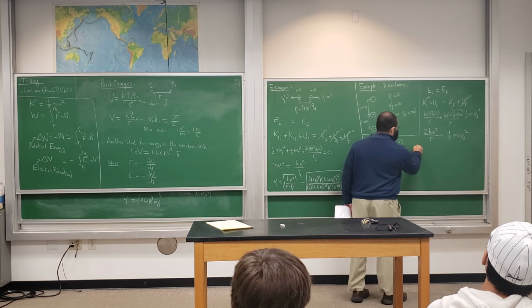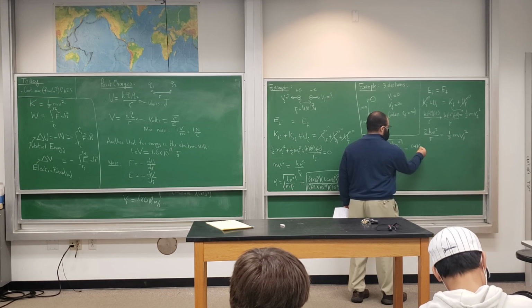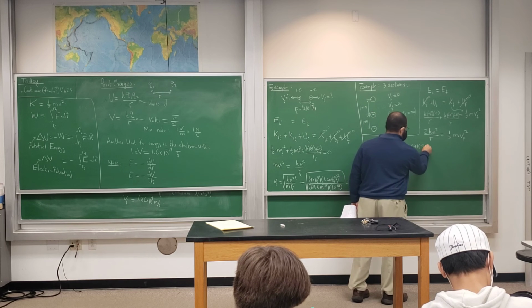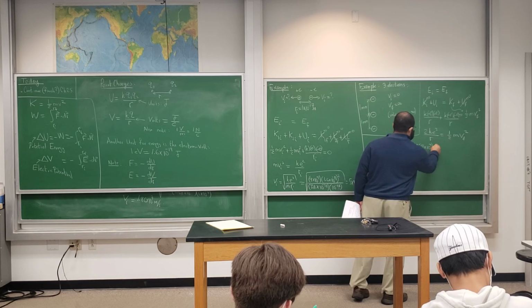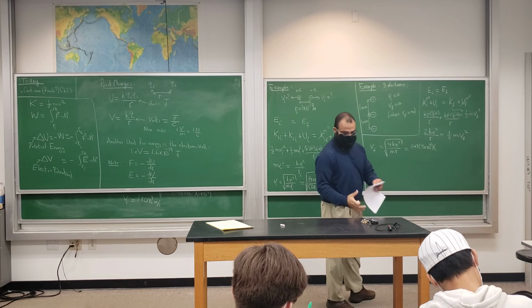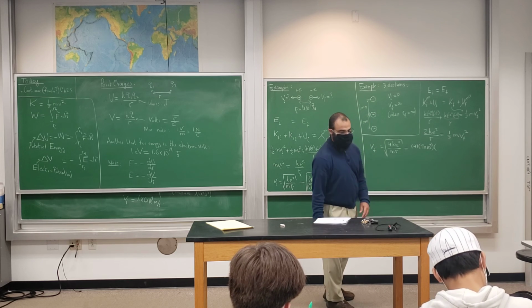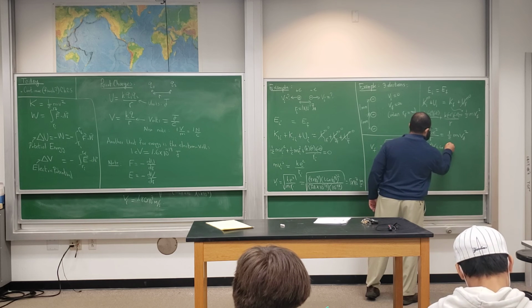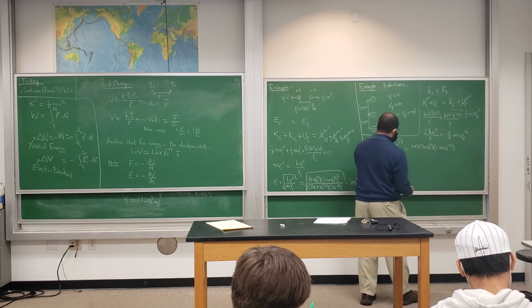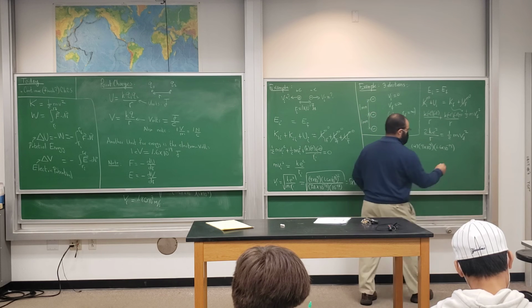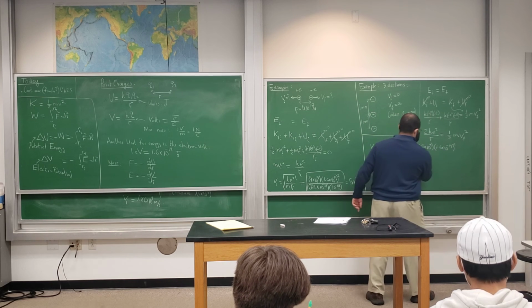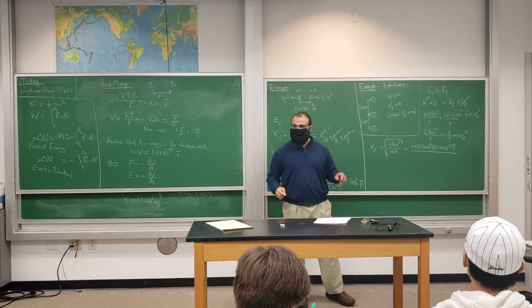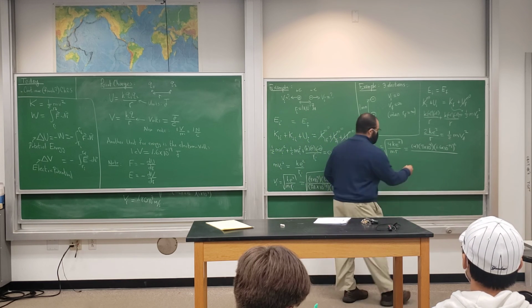Let's see what the numbers are. 4, and then K is what? 9 times 10 to the 9. And then E is 1.6 times 10 to the minus 19. But I don't just have E, I have E squared, so don't forget to square that. And then the mass here is the mass of an electron. And it is?